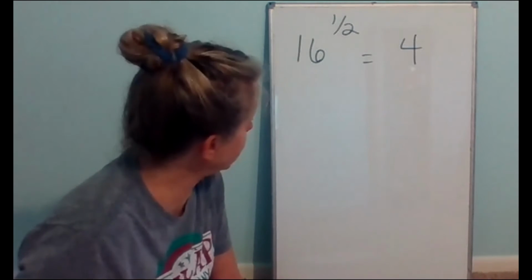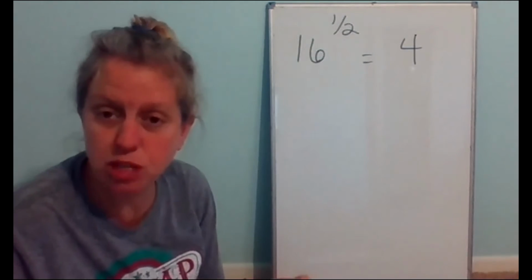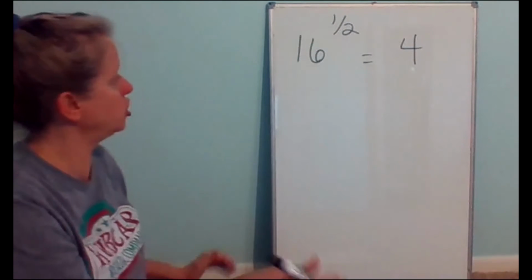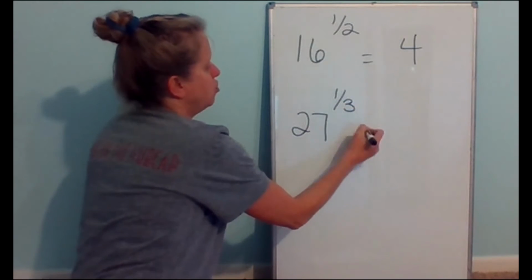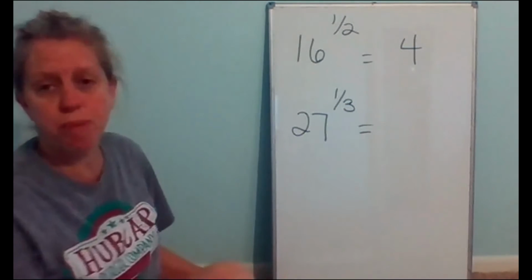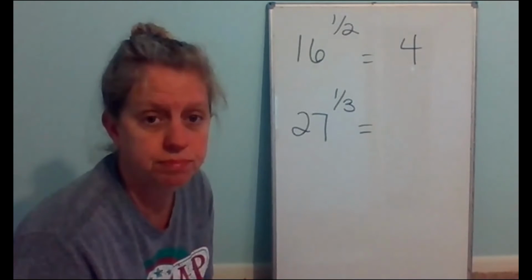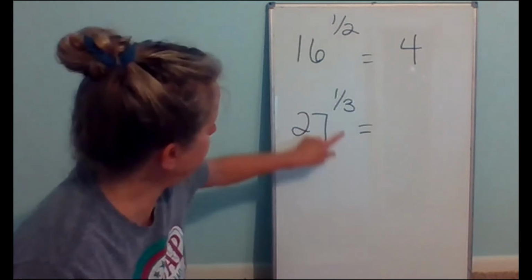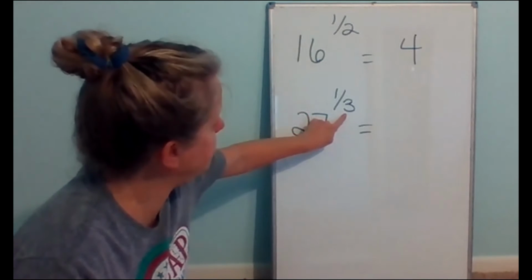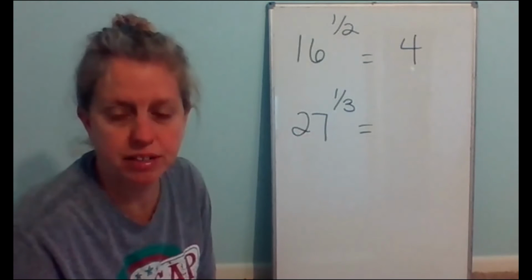Okay? Now, it's not always 1/2. It could be 1/3 power, which means what would be the cube root? Let's try one of those. Let's say we have 27 to the 1/3 power. Again, what I'm trying to do is find the number when I multiply it 3 times together, it gives me 27.